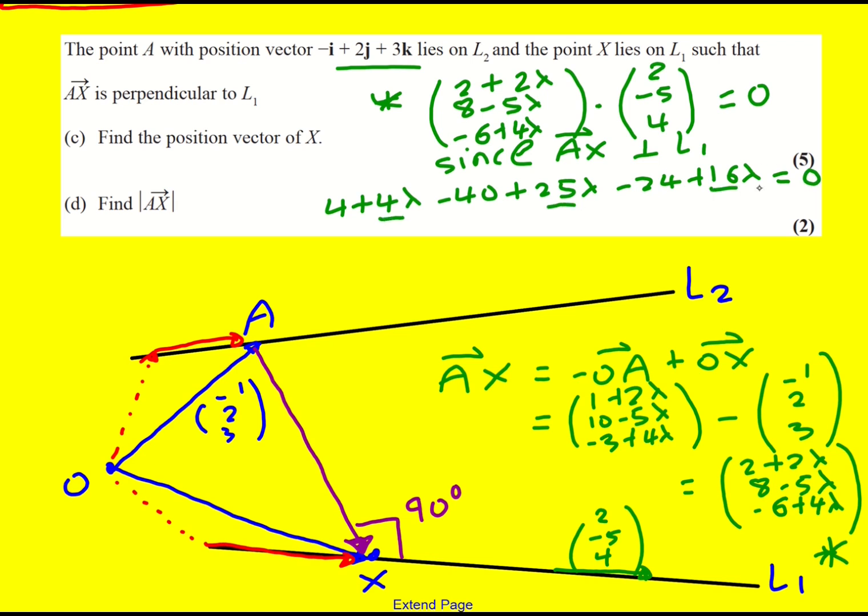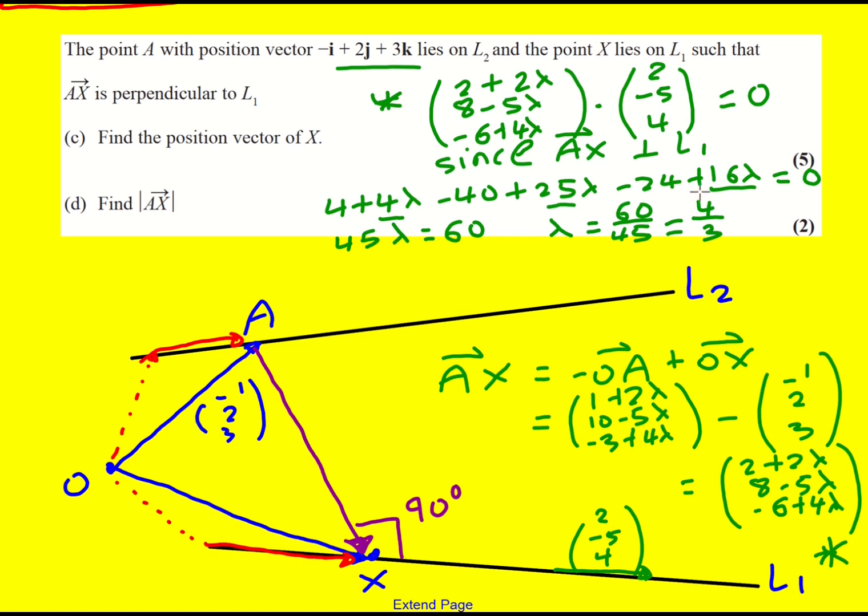I can bring these together, so that will give me 45 lambda, and then I've got minus 64 plus 4, that's going to be minus 60, is equal to 0. So 45 lambda is going to equal 60. Lambda is going to be 60 over 45, which is 4 over 3.